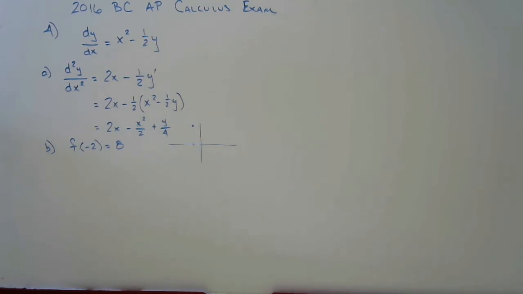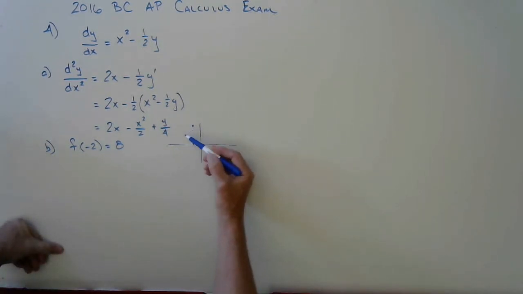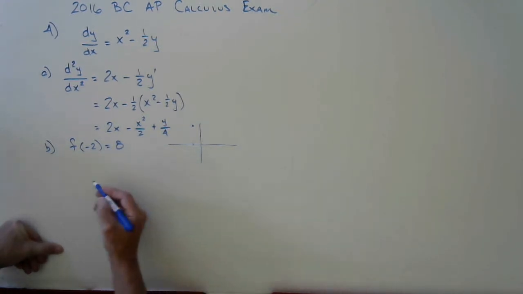So it goes on and it says, does the graph of f have a relative min, a relative max, or neither at this point? Justify your answer. So what are we going to do? Well, first we're going to find out if this is even a critical value. Is -2, 8 a critical value?